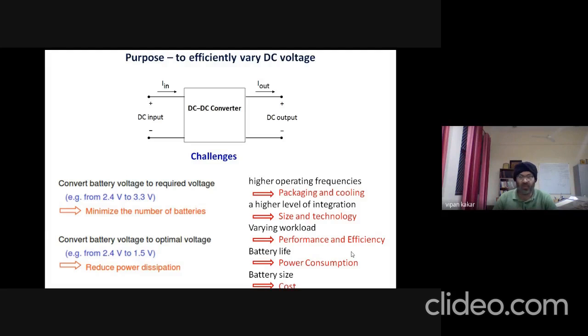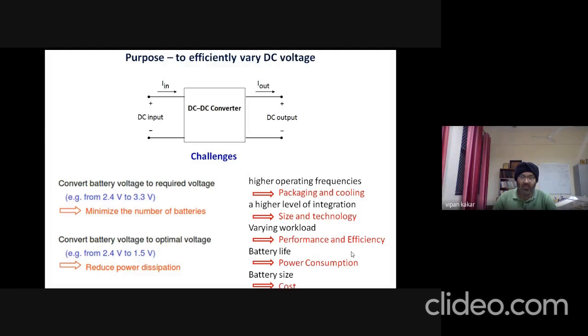But first of all, you need to understand the challenges for designing these converters. Then varying workload is another challenge. Like in a mobile phone, sometimes we are talking on the phone, sometimes we are gaming on the phone, sometimes we are watching movies on the phone, listening to music, and so on. So all these different features on the smartphone have different workloads. Some applications are small in nature, so the workload is low.